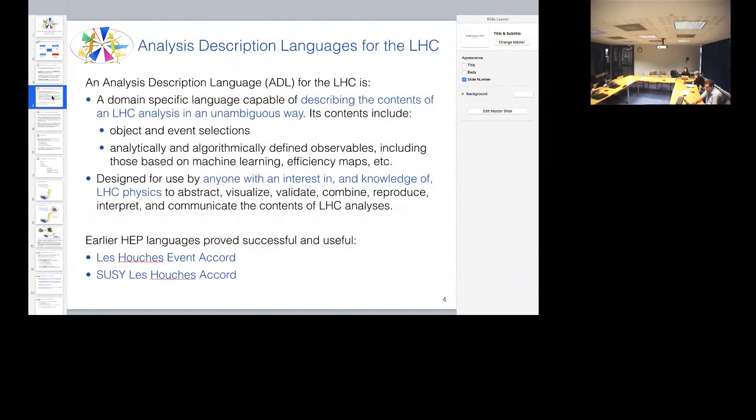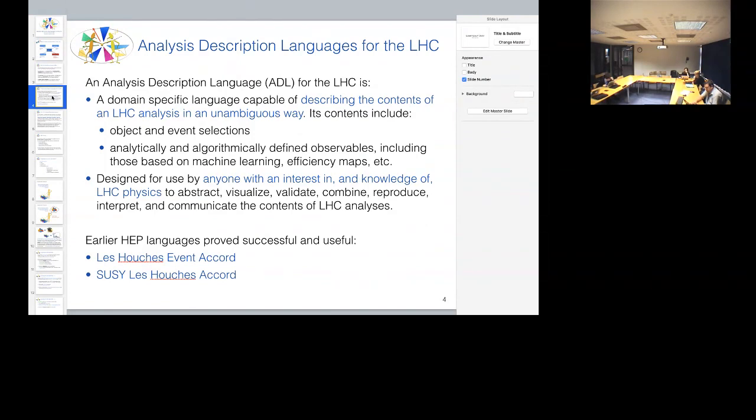The idea is to use this to develop a language that can describe analyses for the LHC. The way we think about it is that an analysis description language is just a language specific to particle physics that is designed to describe the content of an analysis in an unambiguous way. By the content, we might imagine that would include the object and event selections, the definition of objects and how objects are transformed one into the other.